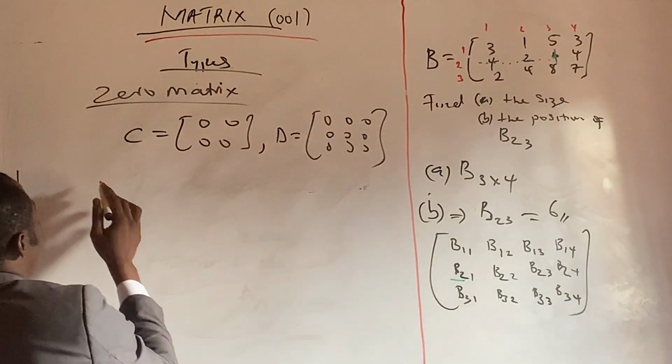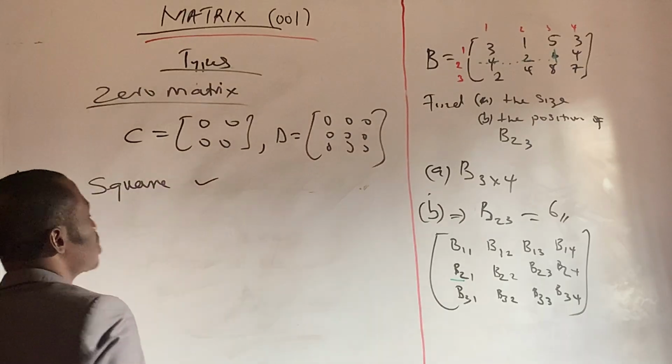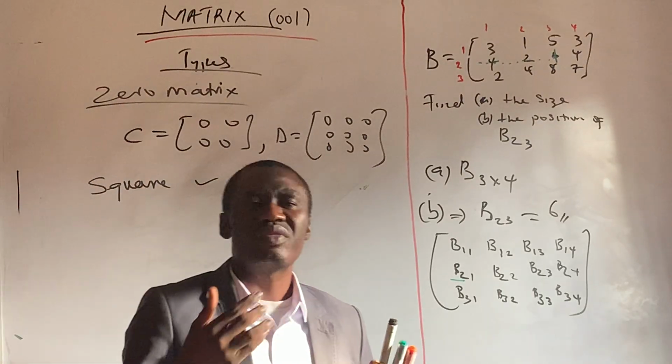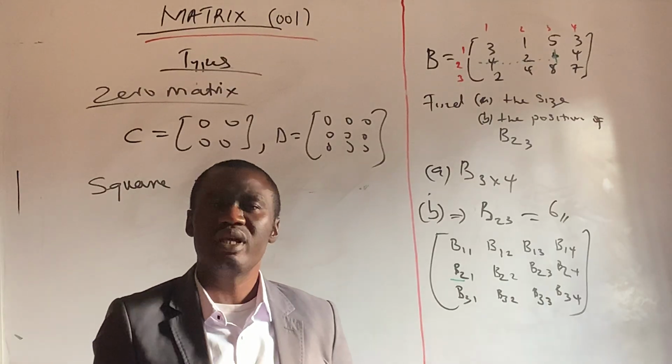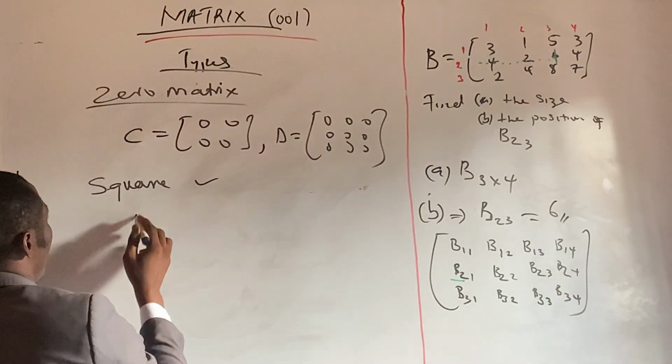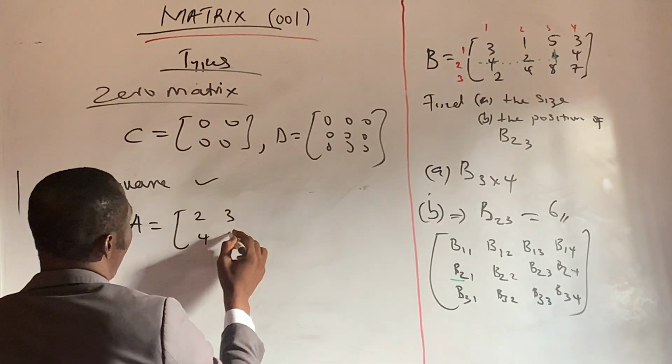Then we have the square matrix. For the square matrix, the number of rows and the number of columns is the same. Let me show you what I mean. We can have matrix A, which is equal to 2, 3, 4, 5.